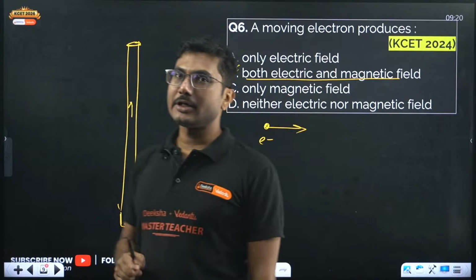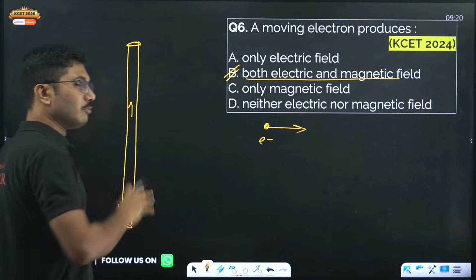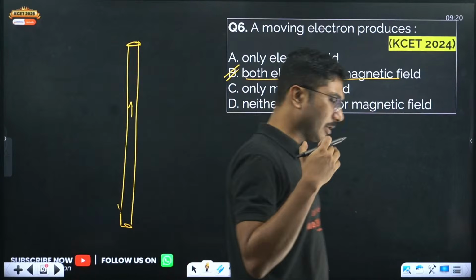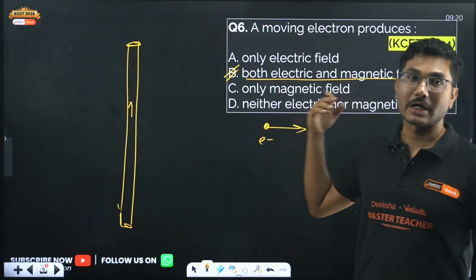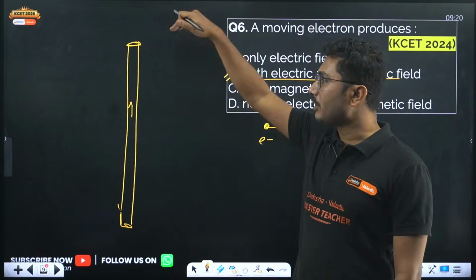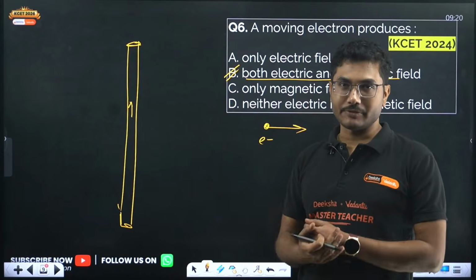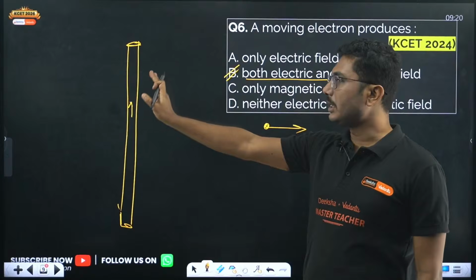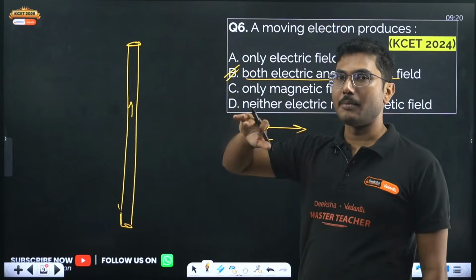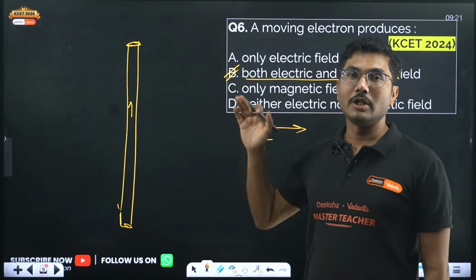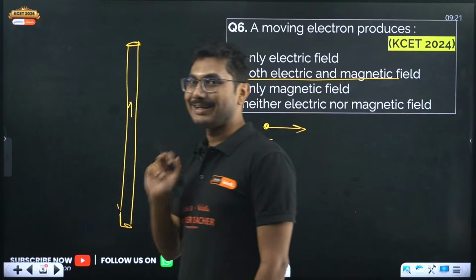The electric field produced by the moving electron inside a conductor will be nullified, because the overall wire will be neutral because of the conservation of charges. Whatever electrons are there, there will be an equal amount of protons, so that will not produce any electric field.